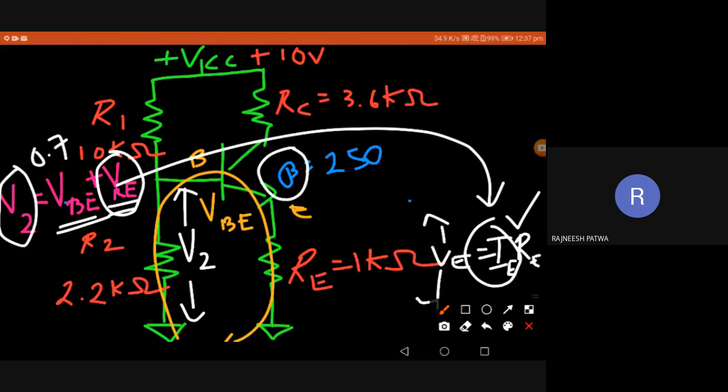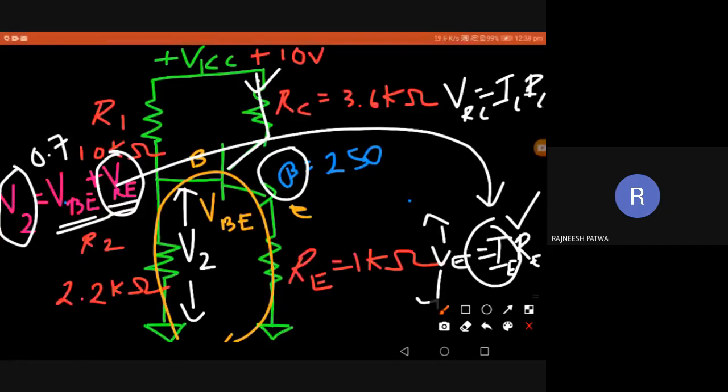Substituting beta for alpha, we get IC. When you get IC, this is the current passing through RC, so we can find the voltage VRC, that is nothing but IC into RC.